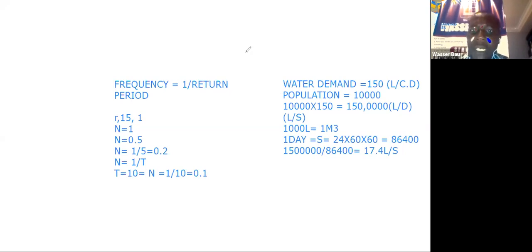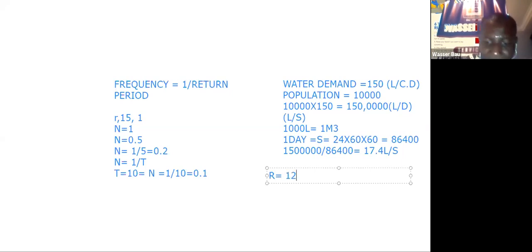For the rain, we found out from our chart that the rain intensity in that area is about 12 liters per second per hectare. You know, if you convert 100 mm per hour, if you now average it, convert it to liters, convert it to seconds, you could get something like this.